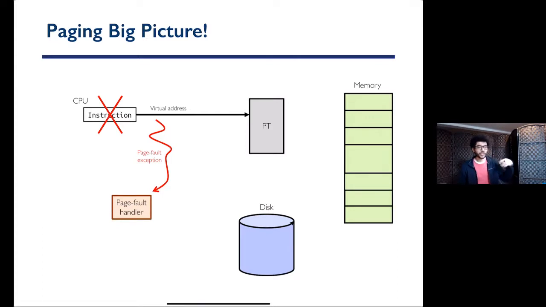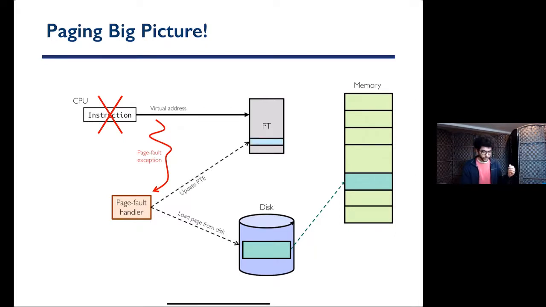At that point, a page fault exception happens. The page fault handler is going to run. It's going to recognize that there is a page in the disk corresponding to this page, and we want to bring it back. So you're going to talk to the disk driver to do this for you.